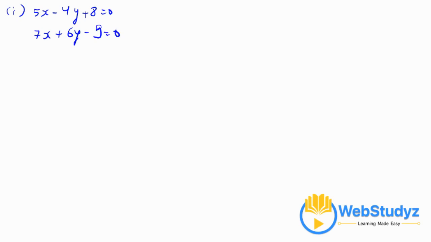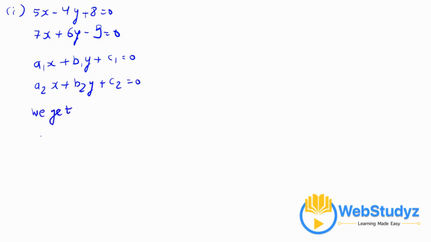Now comparing these equations with a1x plus b1y plus c1 equals 0 and a2x plus b2y plus c2 equals 0, we can simply get the value of a1 as 5, b1 as minus 4, c1 as 8, a2 as 7, b2 as 6, and c2 as minus 9.